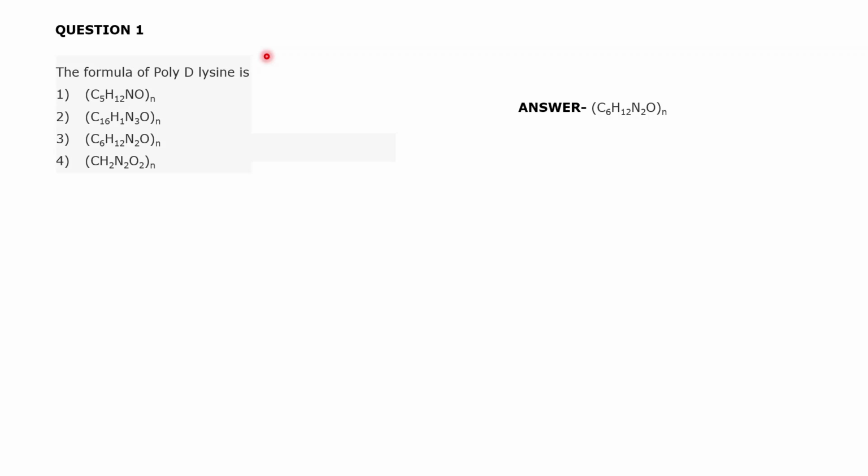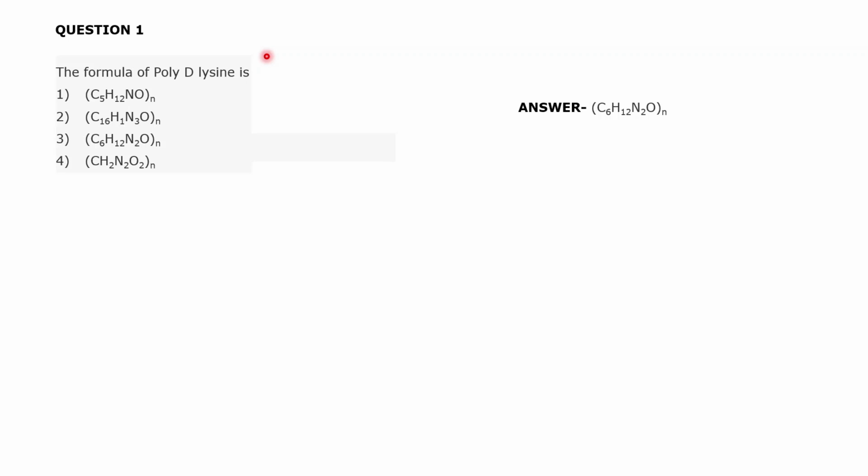So if you look into why this poly D lysine is important, do you know? Can any one of you tell me what are the two types of extracellular matrix that we are using in cell culture, based on the origin, where it is obtained from, or where it can be obtained directly from nature itself?